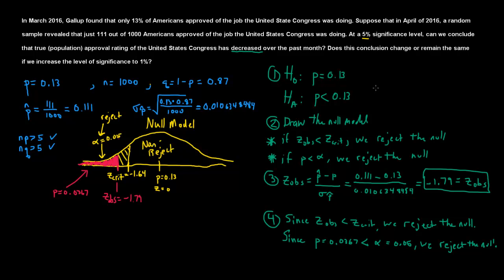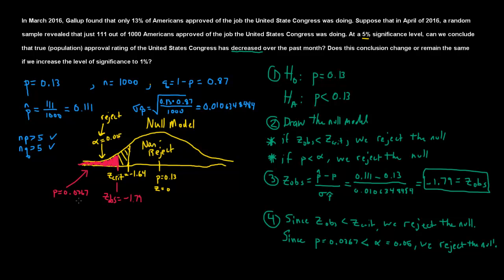Because the p-value we found is 0.0367, which means that if the null hypothesis were true, the result that we found would only happen 3.67% of the time, which certainly happens, but it's not super likely.